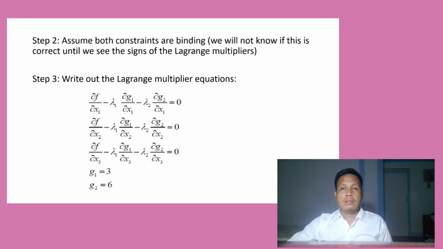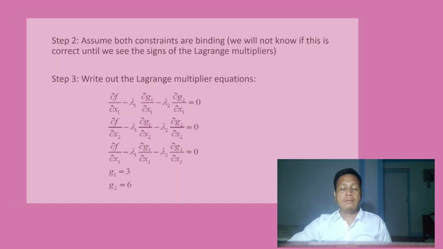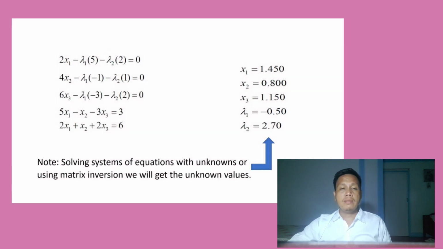When we follow this equation, it will now become 2x sub 1 minus lambda 1 times 5 minus lambda 2 times 2. This 2x sub 1 is the derivative of x sub 1 squared.